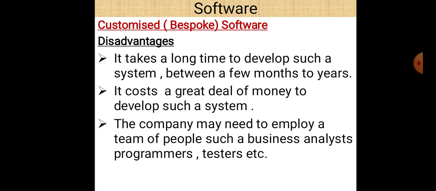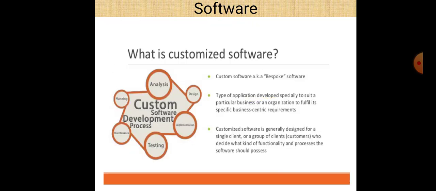Second, the cost is much higher compared to general purpose and specific purpose software, because all the costs are paid by a particular user or a particular company. Next, the company may need to employ a team of people such as business analysts, programmers, or testers.